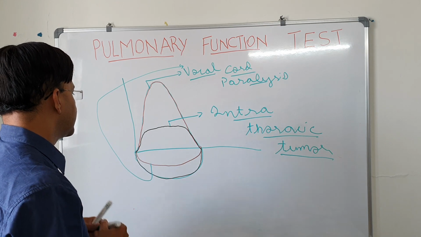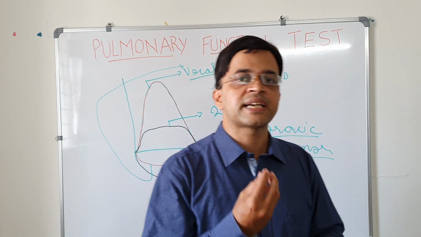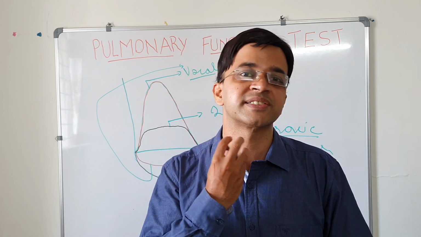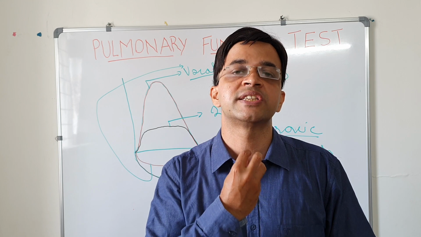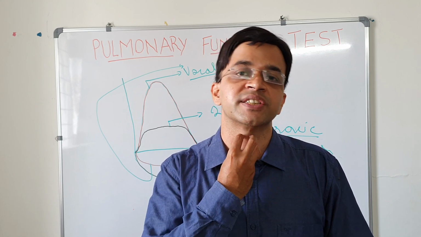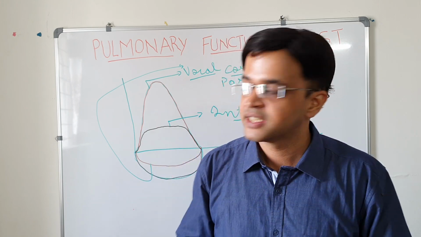Okay. Now suppose there is some extrathoracic tumor only, but it is big and it is fixed and it's not changing with inspiration or expiration. It's a kind of fixed airway. Then it's going to compromise both our inspiration and expiration.